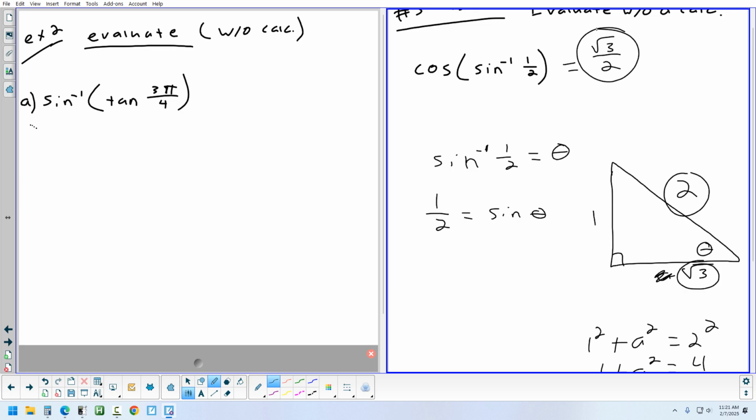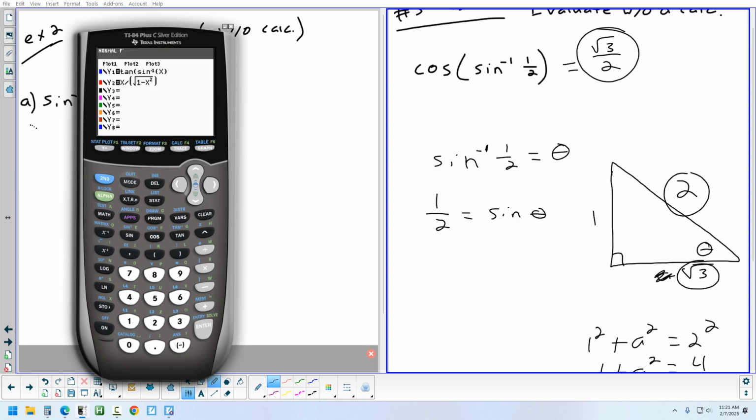So now let's check, and that's when we can see if we did it right. Take the cosine of the inverse sine of a half. We get 0.866. Take the square root of 3, divide by 2, and we get exactly the right thing.